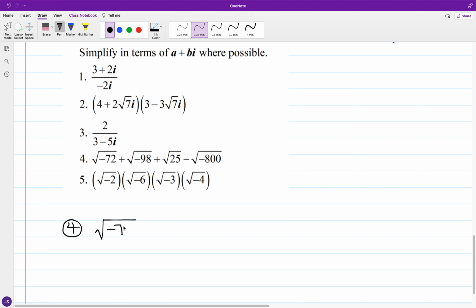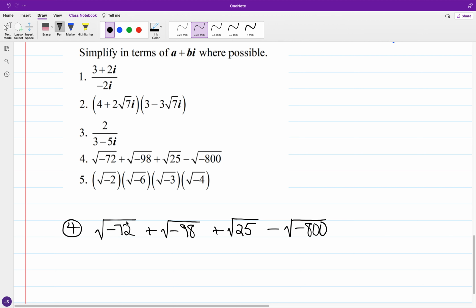Looking at this quartet, we're trying to convert this sum to where we can combine like terms and write in a plus bi form, where possible.